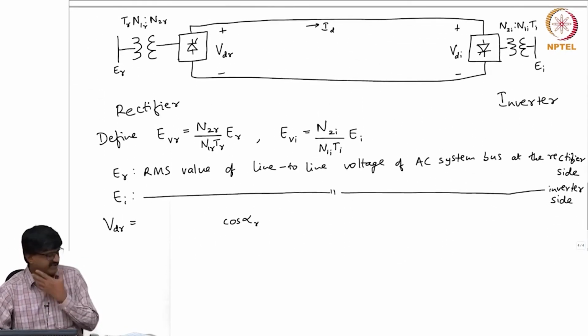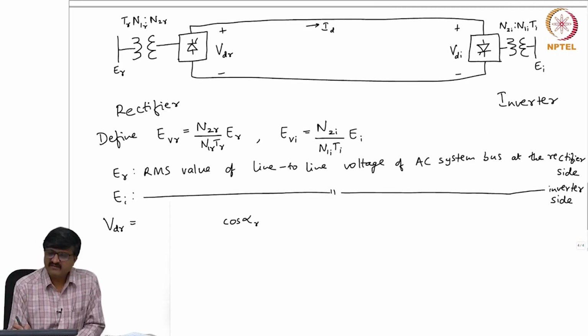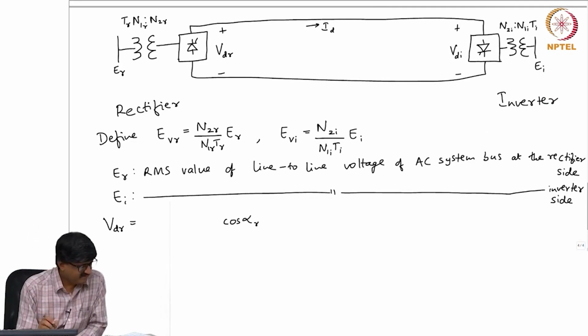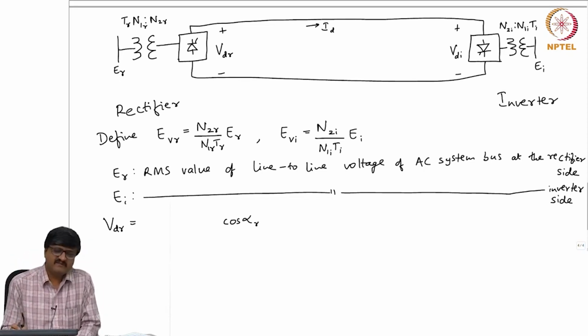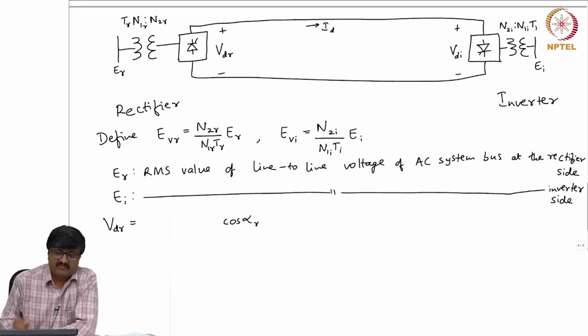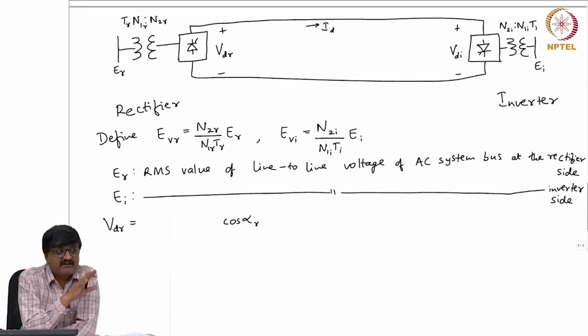Now, the remaining factors, NB VDO: what is NB VDO? Using the notations, root 3 ER, or EVR? It is EVR. You have to take the transformation into account.